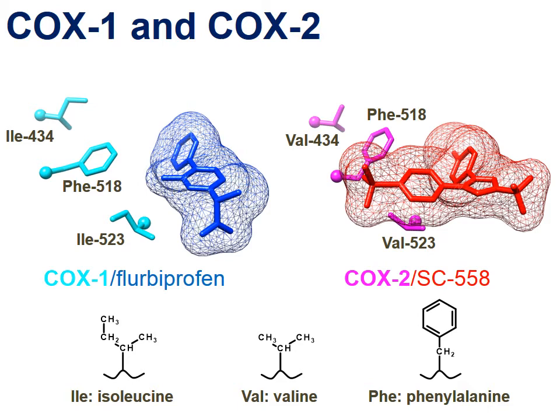Now you can also see that a typical non-selective NSAID inhibitor, so this one can inhibit both COX-1 and COX-2, is smaller than a selective COX-2 inhibitor, shown here in red.